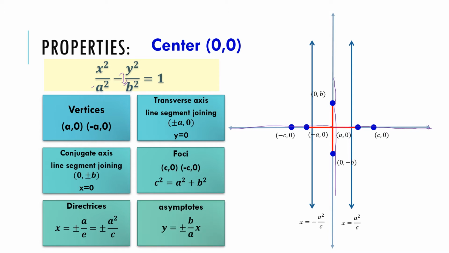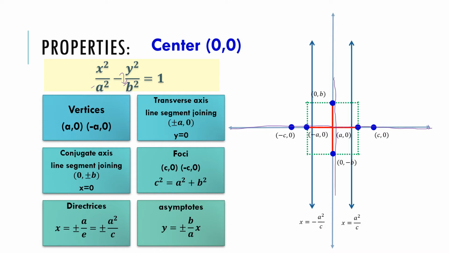And then, the asymptote. So, ang asymptote, ito ay line defined by y equals plus minus b over a x. Or simply, ito yung mas madaling paraan, gagawa kayo ng box na magjo-join sa ating vertices at yung sa ating conjugate axis. Yan.